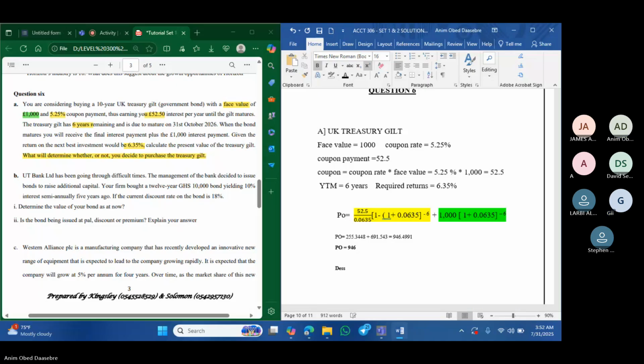So the decision is that if present value is greater than market value, or face value, don't buy.